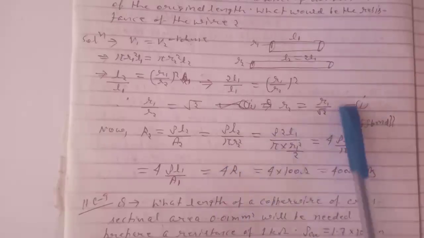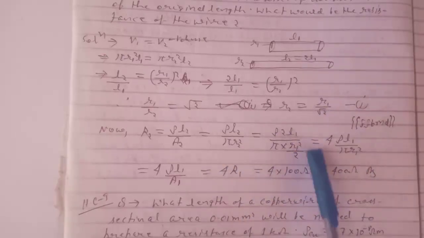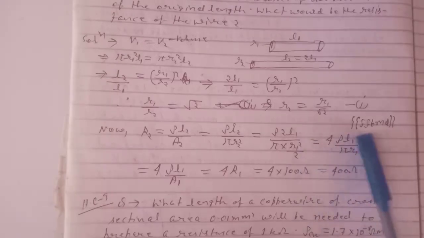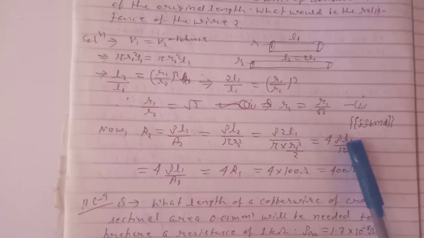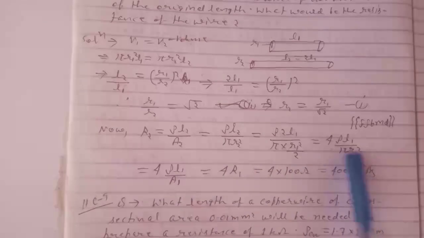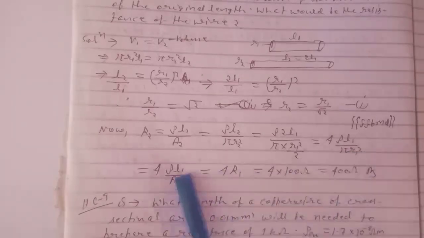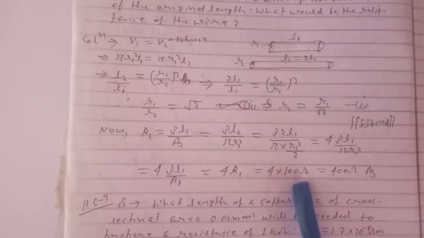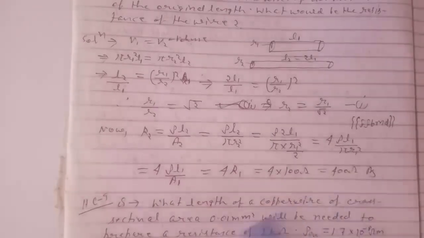So this equals 4 rho L1 by pi R1 square. Now this is the original resistance, 4 rho L1 by A1, because pi R1 square is the area of cross section A1. Now this is R1. So 4 R1, 4 into 100 ohm equals 400 ohm. Answer.